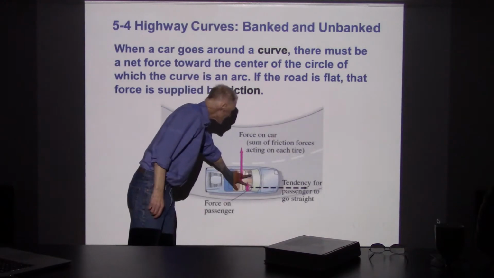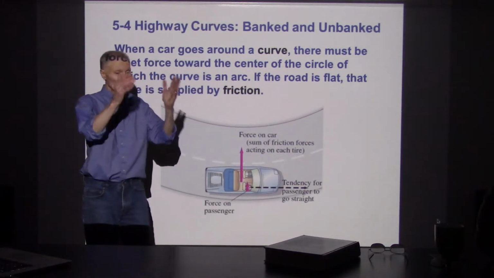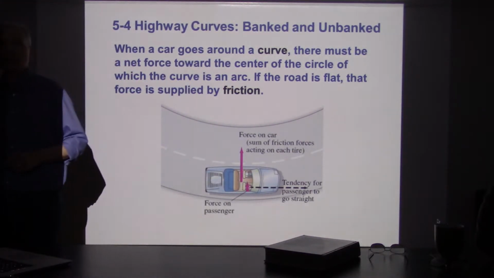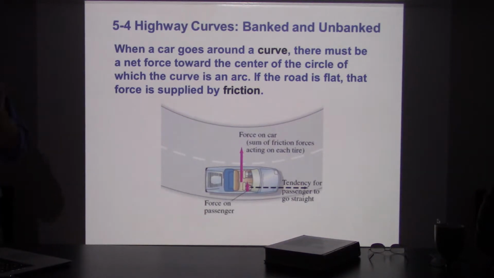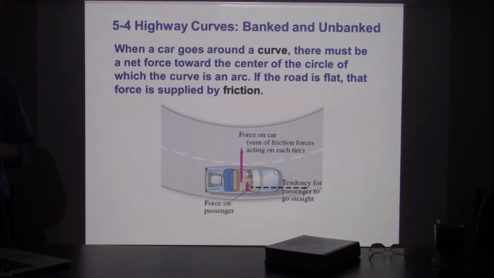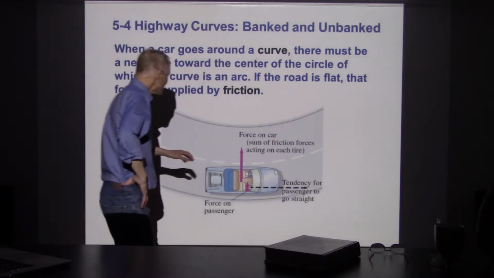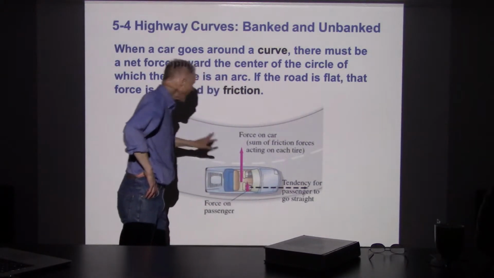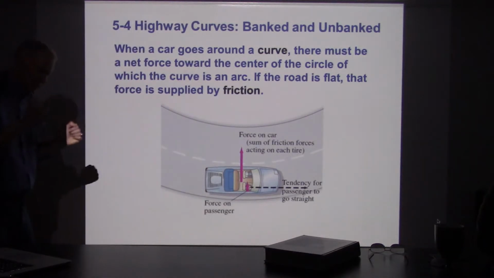Well, all the objects inside the car are still thinking, hey, I'm going in a straight line. And objects in the car will continue to go in a straight line until some force pulls them off into that circular path. Now if the passenger is sitting in the car seat and paying attention, and they see the curve, what they've learned to do when you go down a curve is you lean a little bit.